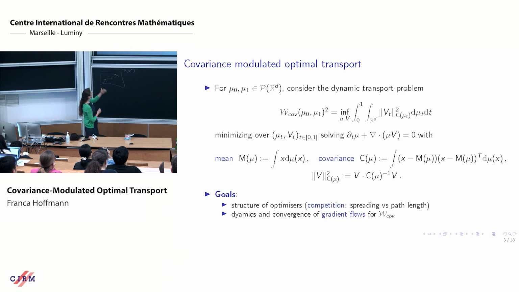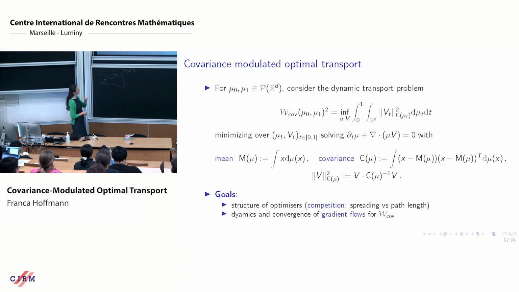And then there is a condition that these optimizers, these mu_t and b_t, have to satisfy the continuity equation. So that's the same as in the Wasserstein-2 distance. And so for the rest of the talk, I will use this notation of m(mu) denoting the mean and C(mu) denoting the corresponding covariance matrix.